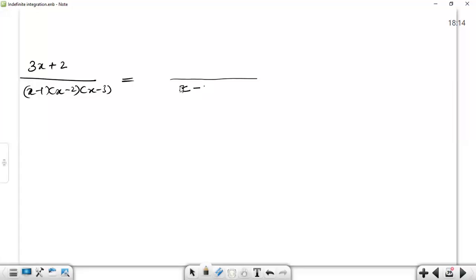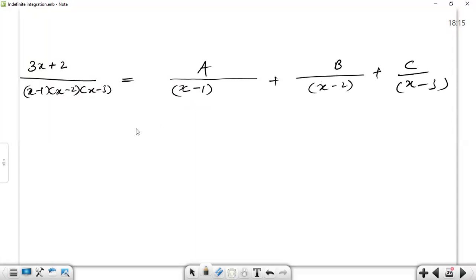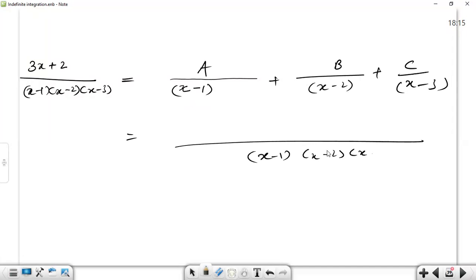We'll take x minus 1 in the denominator of the first, x minus 2 in the denominator of the second, x minus 3 in the third, right? So we take the LCM: a into x minus 2 into x minus 3 plus b into x minus 1 into x minus 3.